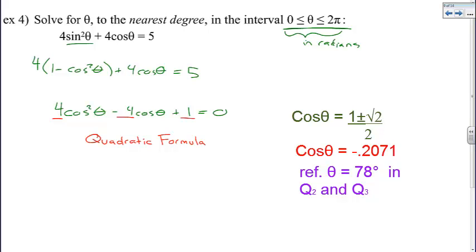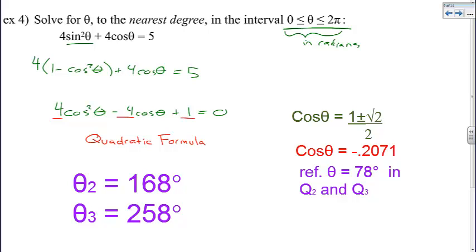You do not leave it in radians. You don't have to transfer it because it's telling you to solve to the nearest degree. So there is no conversion necessary. So simply use your quadrant operations with your reference angle, and you should come out to a value of theta in 2 equal to 168 degrees, and theta in 3 equal to 258 degrees.